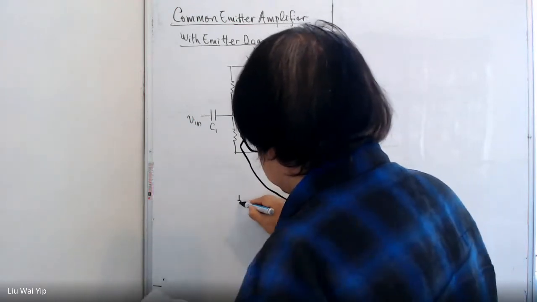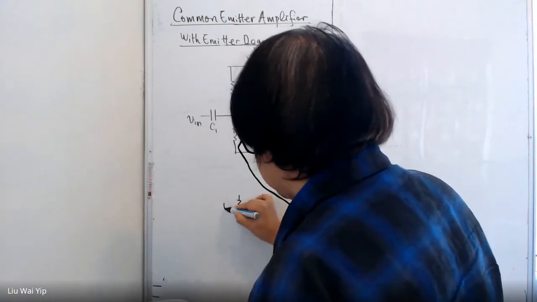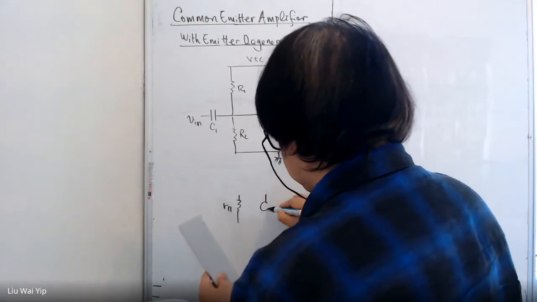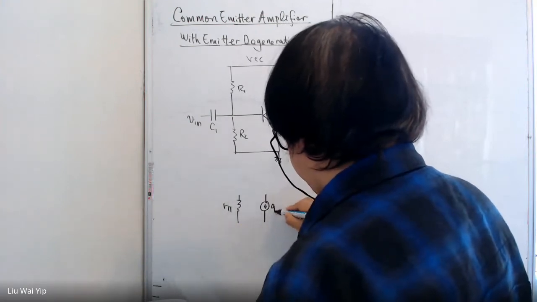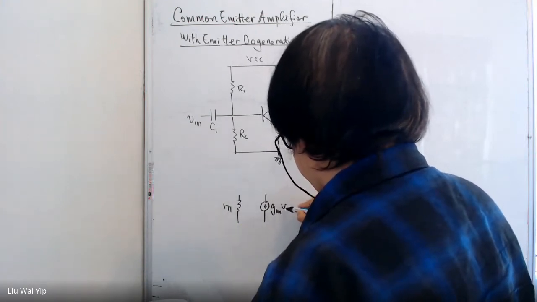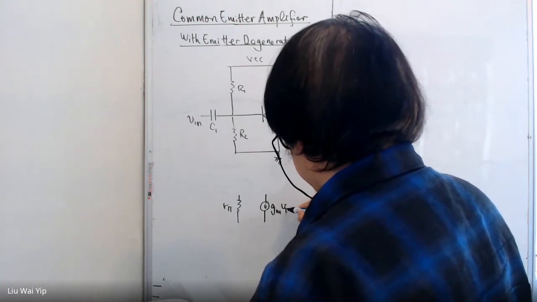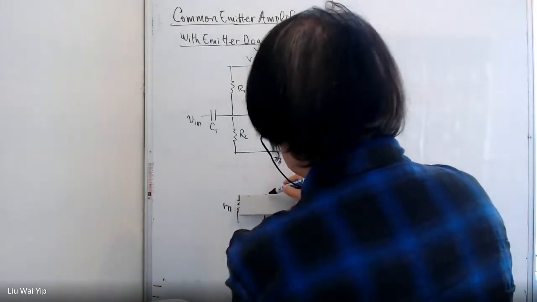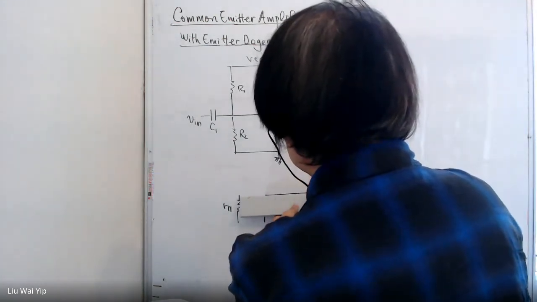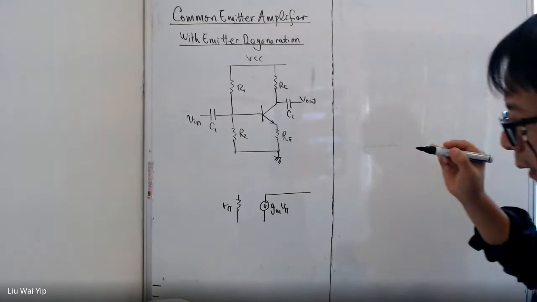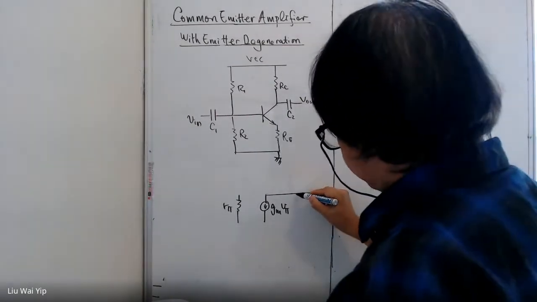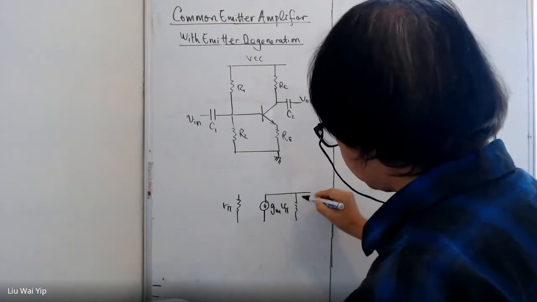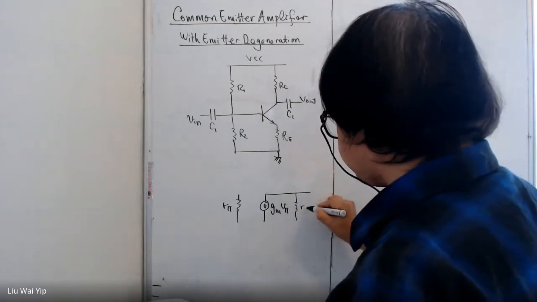So the transistor will be replaced with a pi model first, and we also need to account for the early effect.